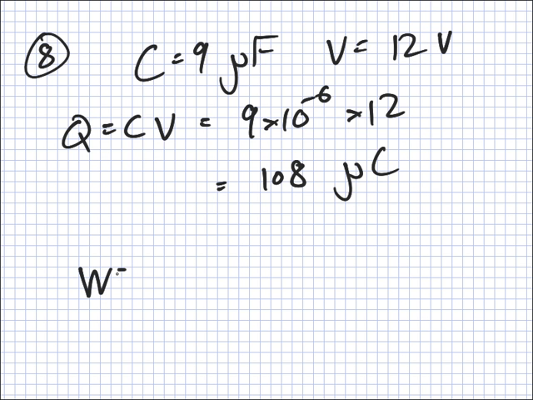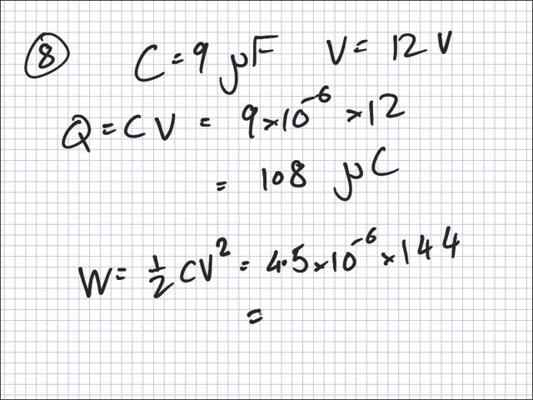What is the energy? And that's a half CV squared. So that's 4.5 times 10 to the minus 6 times 144. That's 6.48 times 10 to the power negative 4 joules.